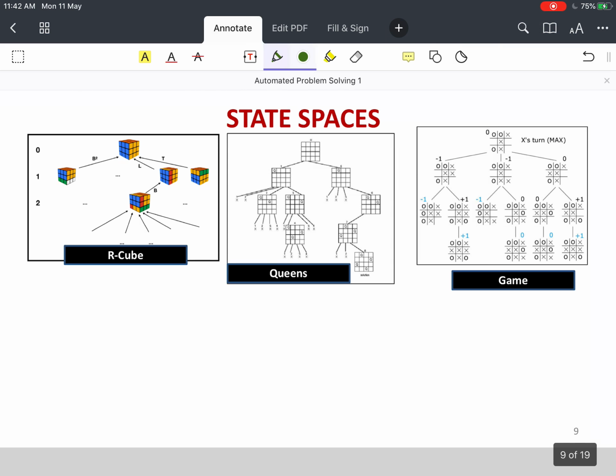So let us look at some very complex problem. This is the Rubik's Cube problem. And every move which you turn in the Rubik's Cube forms a state transformation rule and the state space. And looking at the number of Rubik's Cube configurations, you can try and find out the size of this state space.